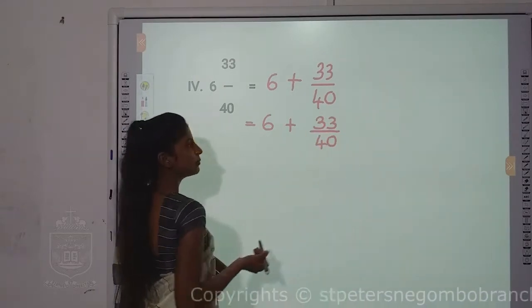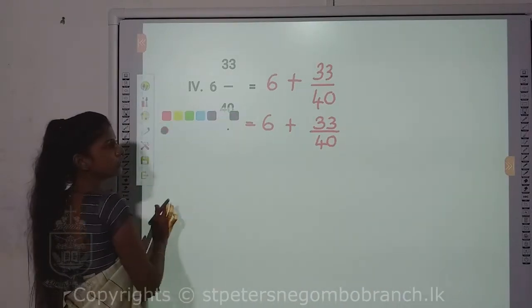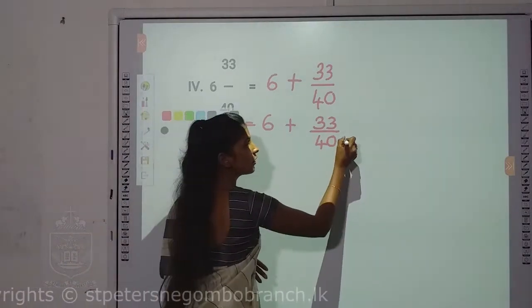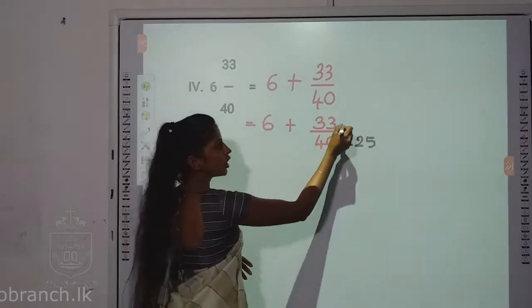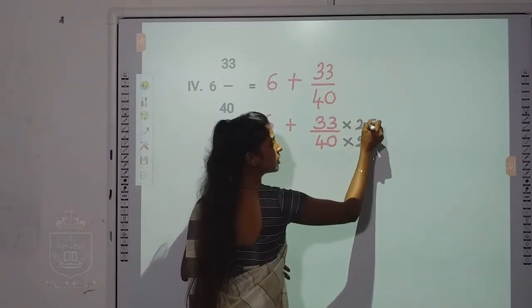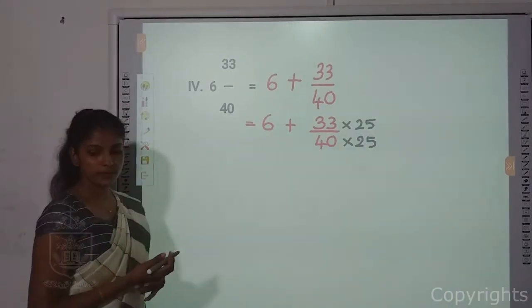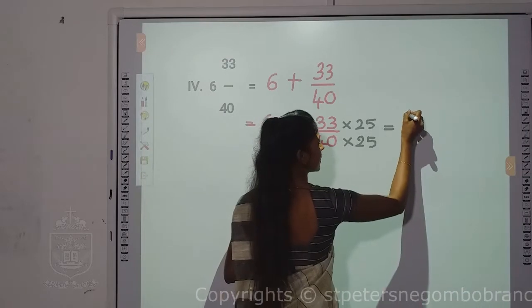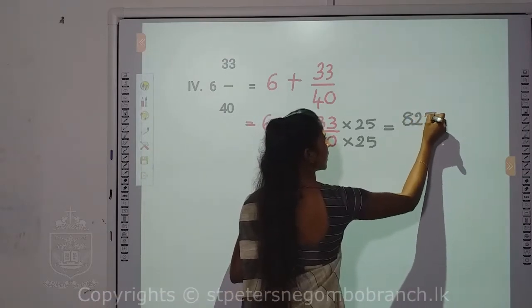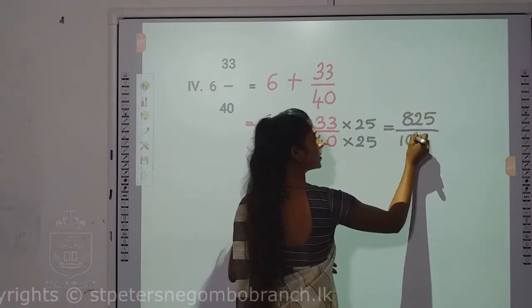So how can we make a power of 10 here? We know that we can multiply this by 25. So 40 times 25 will give you 1000 in the denominator. Therefore the numerator also should be multiplied by 25. So in the numerator you will have 825 as the answer, and in the denominator you will have 1000.